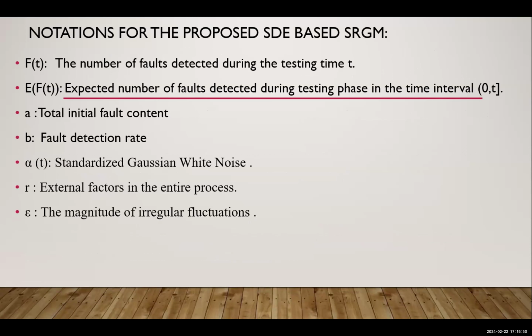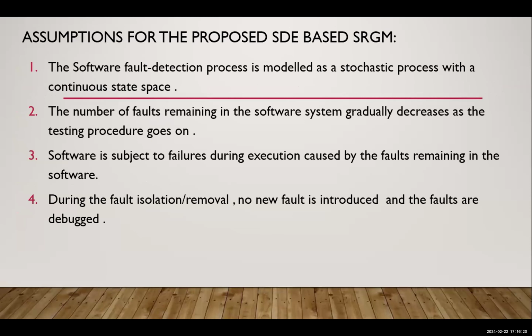Here is the notation for the proposed model: F(t) is the number of faults detected during testing time t, and E[F(t)] represents the expected number of faults detected during the testing phase in the time interval 0 to t. a represents the total initial fault content. b represents the fault detection rate, and alpha(t) is standard Gaussian white noise, where R represents the external factors in the entire process, and epsilon represents the magnitude of irregular fluctuations.